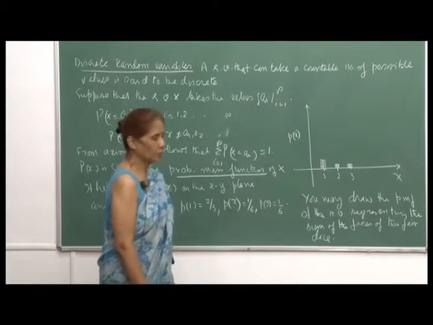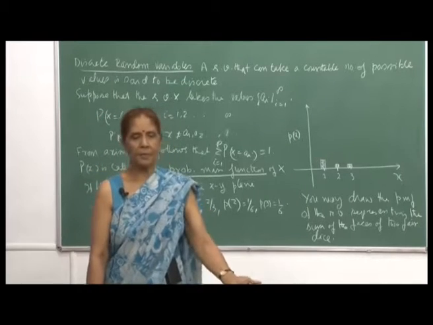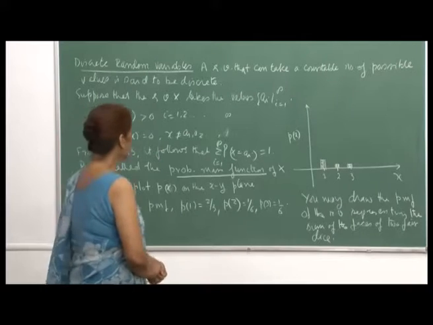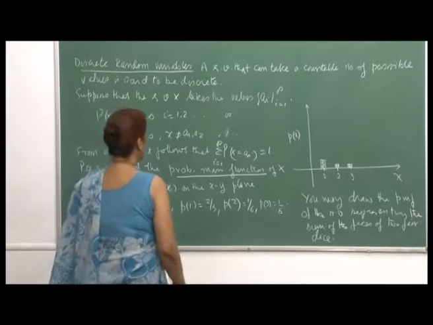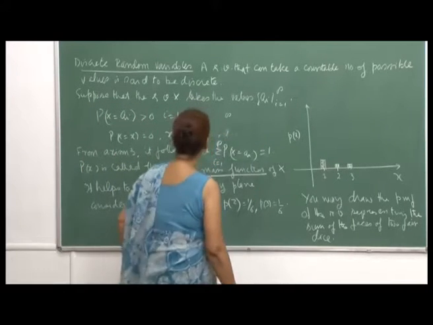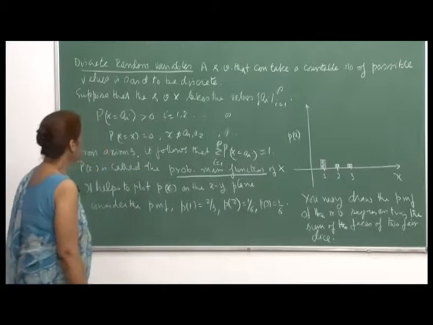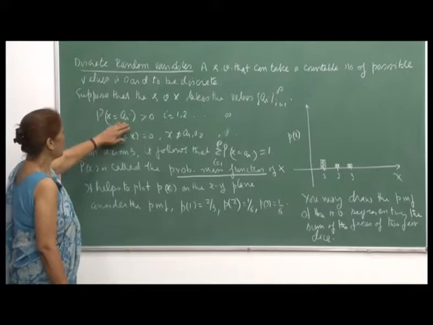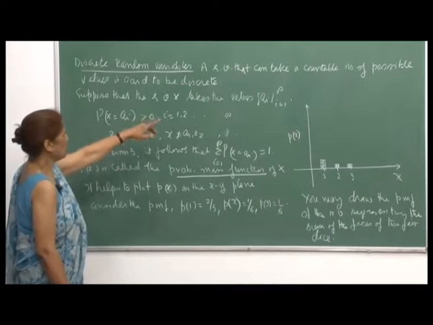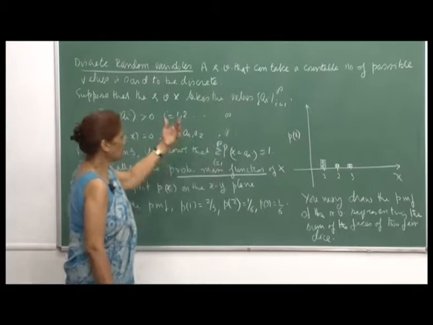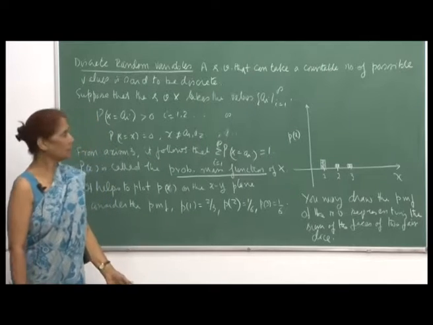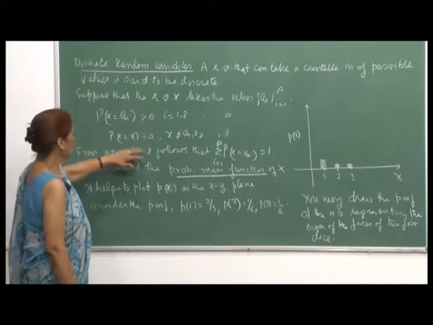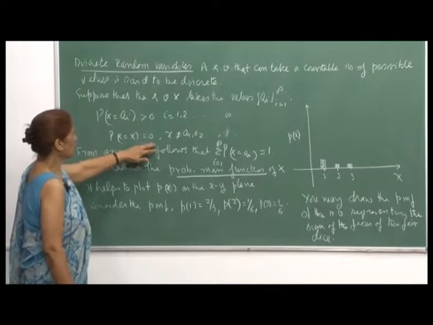Countable can mean countably infinite or countably finite, but you can enumerate the values it takes. So the probability of X equal to a_i is positive, because there is a positive probability associated with each of these values.